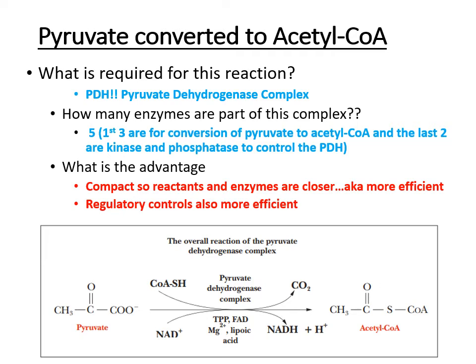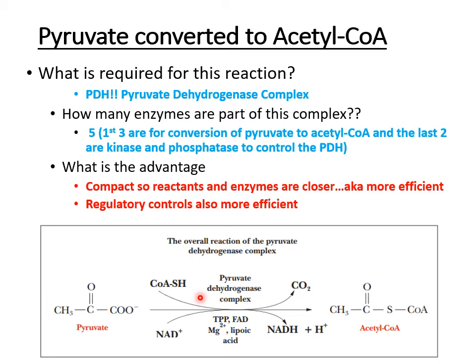We saw that previously as well in those slides where eventually it became oxaloacetate and malate and that whole conversion there. But now we're going to focus on it being converted to acetyl-CoA to get it into the citric acid cycle. And you'll see this guy will keep coming up as very significant.